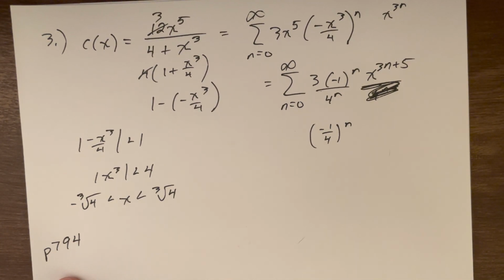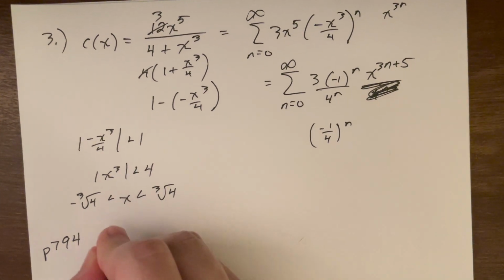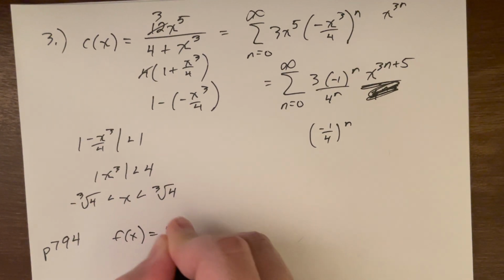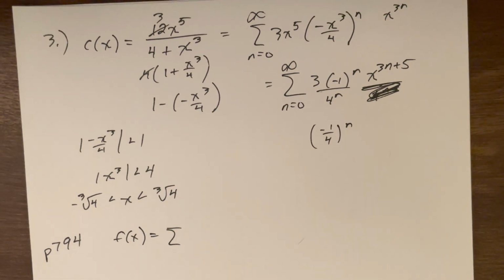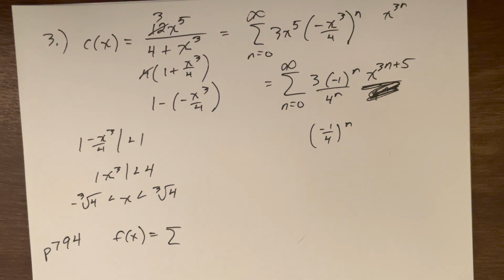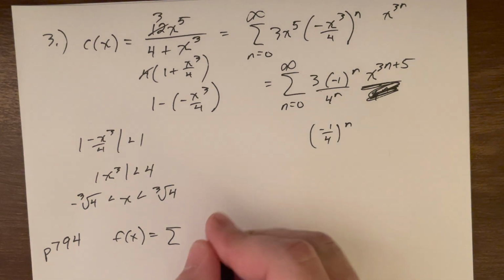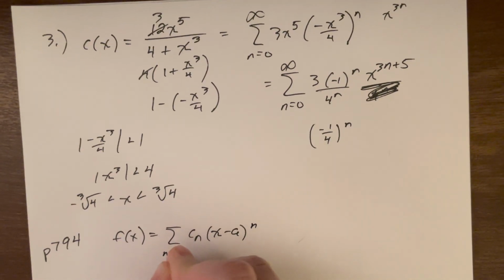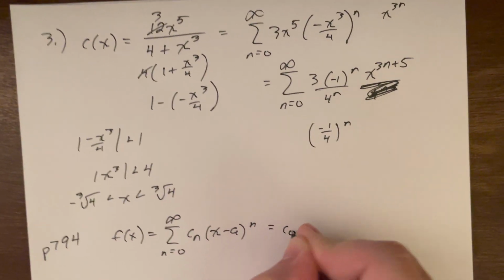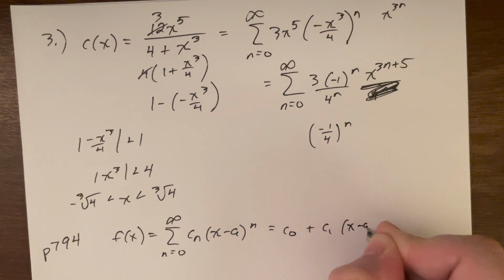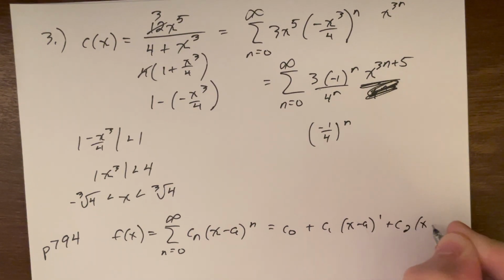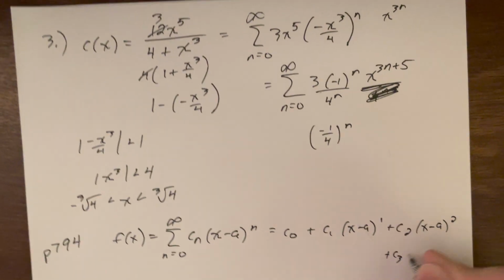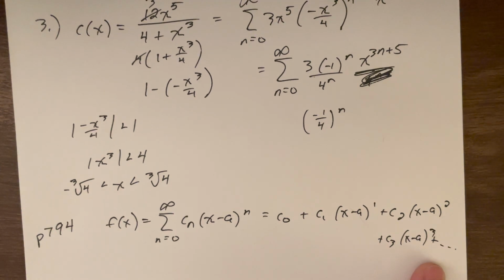And now we go back to f of x as a power series, and we'll do this generically. They do it as centered at a, so we're going to have c sub n times x minus a to the n power, and I just wanted to show a few terms.